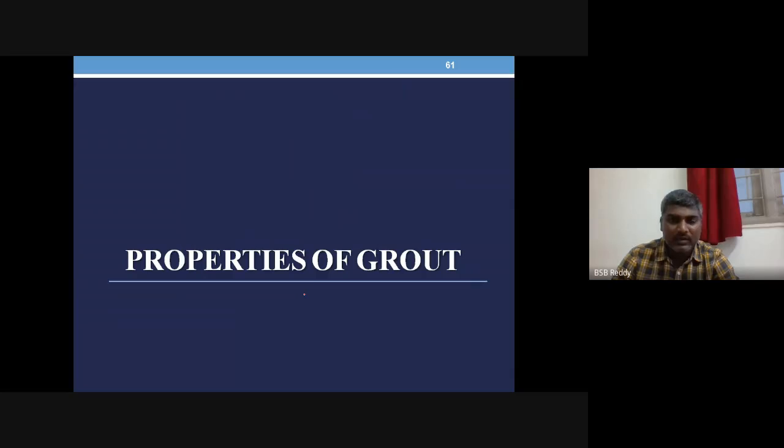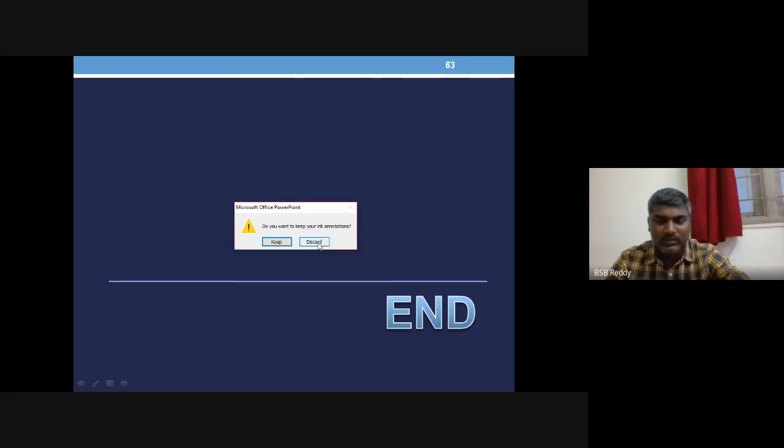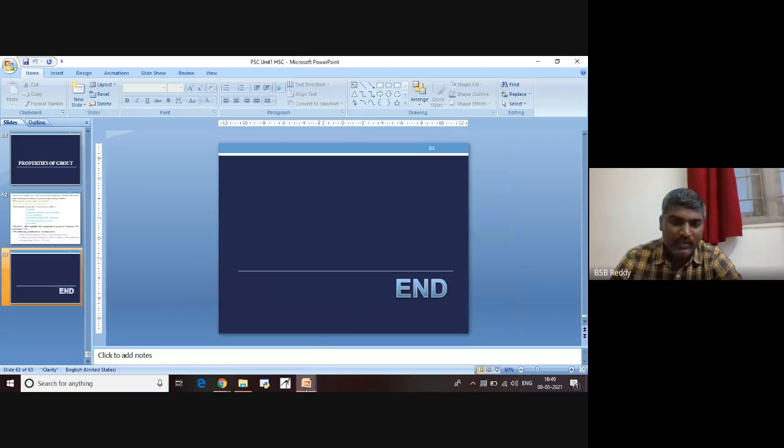Okay, and grout is also one of the important aspects, where we discuss what properties grout shall have. Okay, so all this is the content related to high strength concrete.